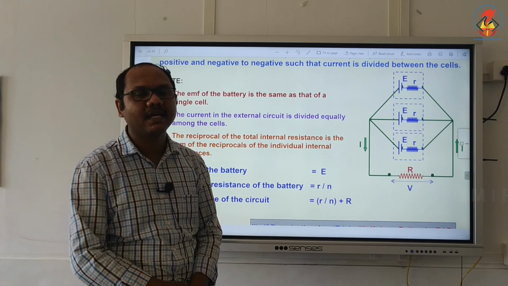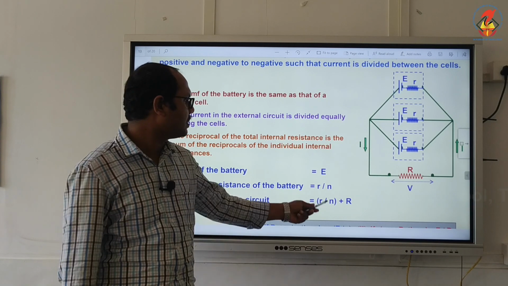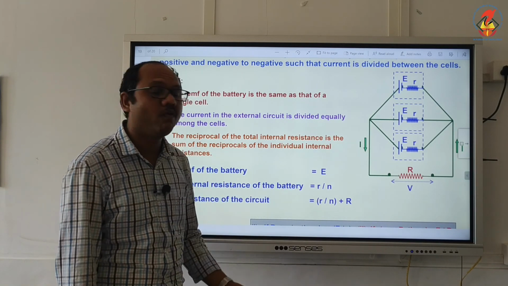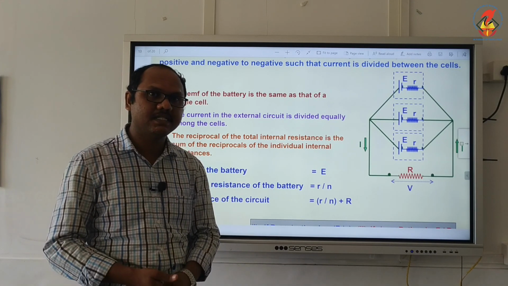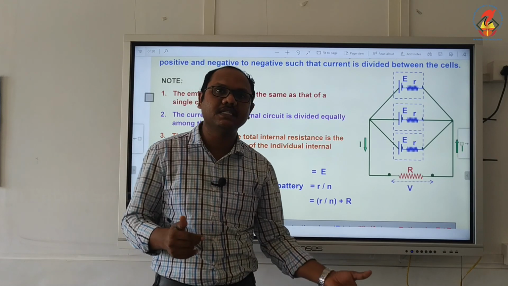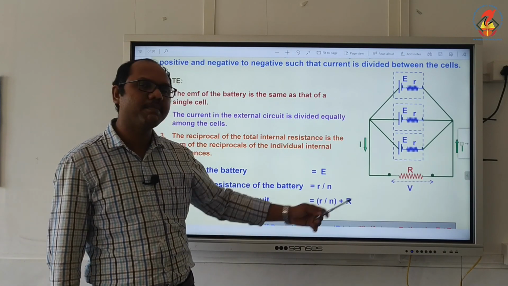If there are n identical resistors, Rp is equal to R by n. So, I am using that equation. So, what is the total resistance as a whole? The total resistance will be the sum of internal resistance plus external resistance, right? So, r by n plus capital R.